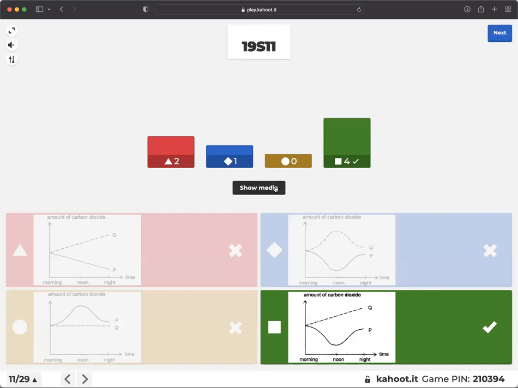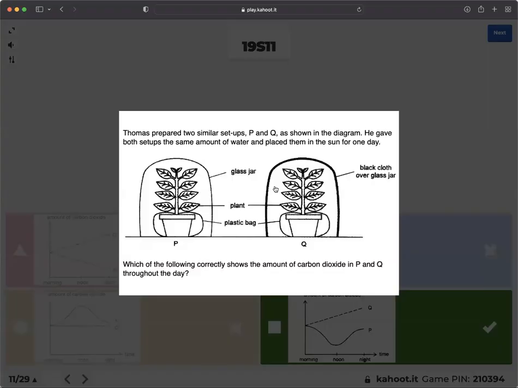This question, only half of you got correct. Let me go through. Which of the following correctly shows the amount of carbon dioxide in P and Q throughout the day?